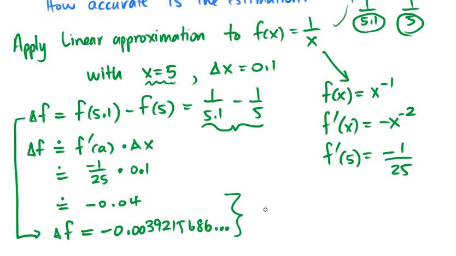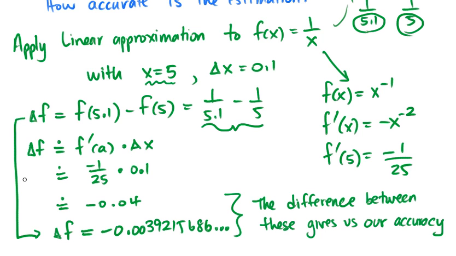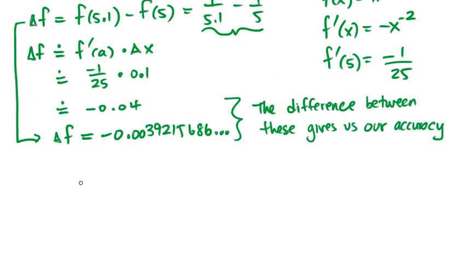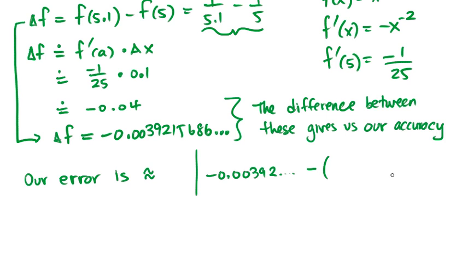So, how accurate is this estimation? Well, the difference between both of these tells us how accurate it is. Our error isn't very much. Our error is approximately the difference between negative 0.0039 and all those other decimal places, take away negative 0.04.